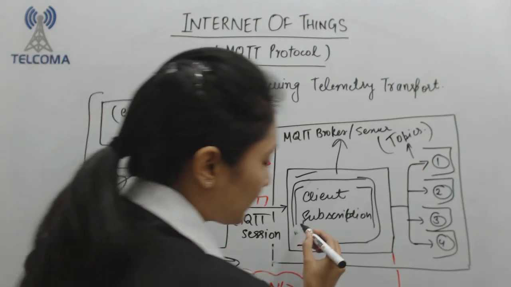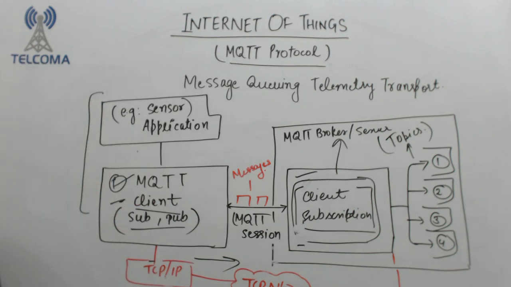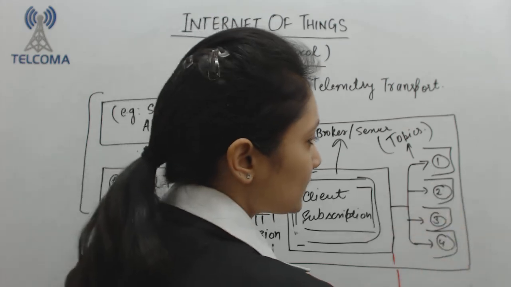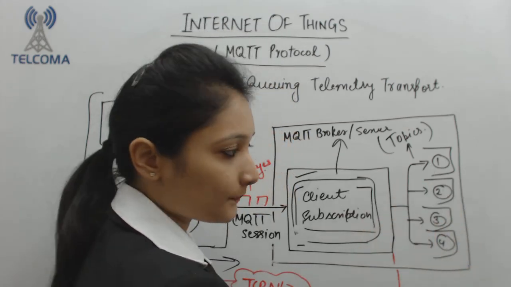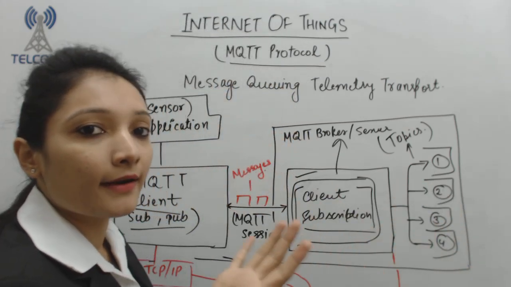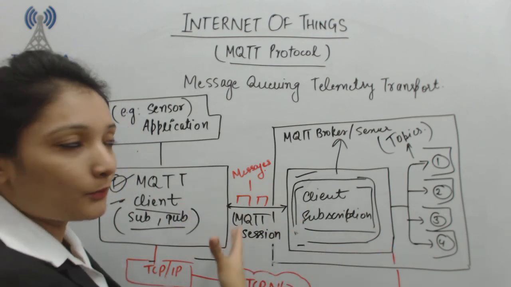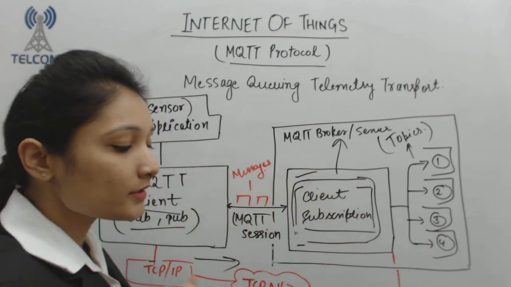Then we have the client subscription here, which means that it logically subscribes you to a topic. So topic is basically the message queues, and message is the smallest data unit which is exchanged between the application and the nodes here.